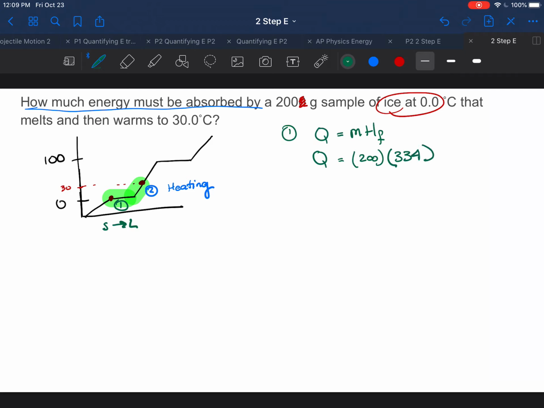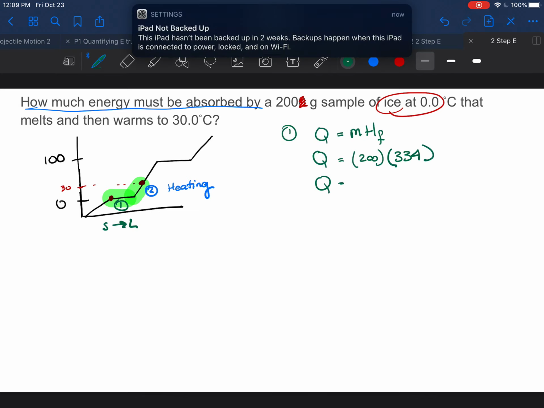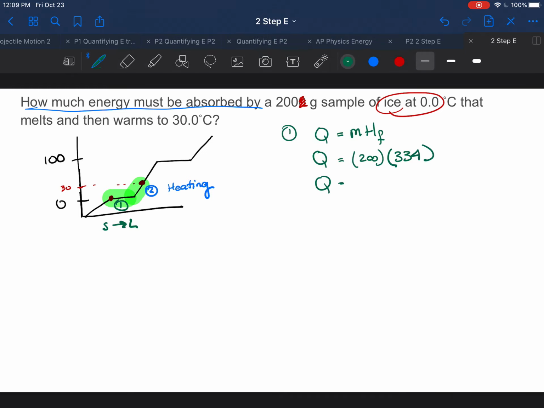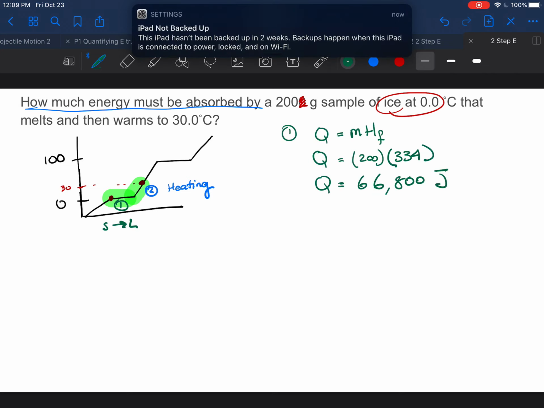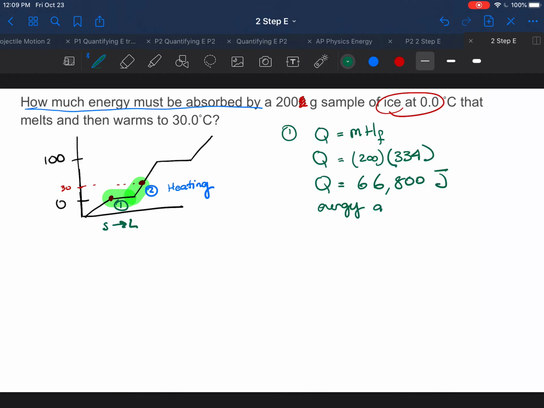For heat of fusion, I look at my energy constants, and my heat of fusion is 334. That tells me that I get 66,800 joules of energy. We can't forget our unit. This here is the energy absorbed to melt the ice.